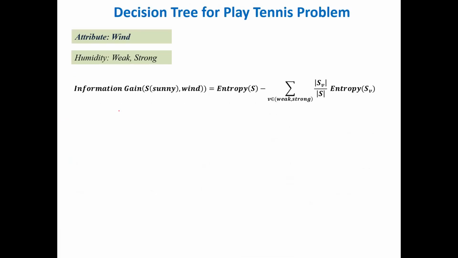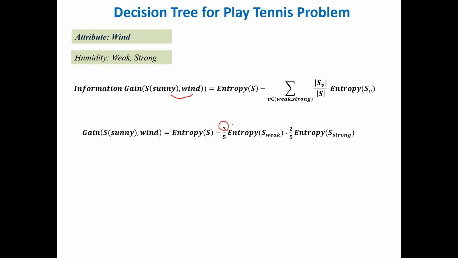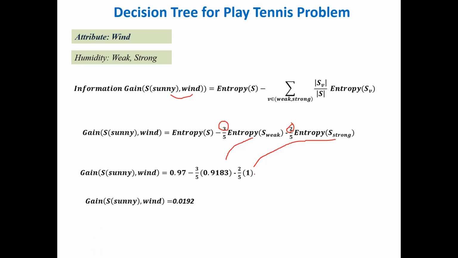Now find the information gain of wind over sunny. Out of the total 5 sunny, 3 are weak and 2 are strong. Entropy of weak is 0.9183, entropy of strong is 1. So information gain is 0.0192.